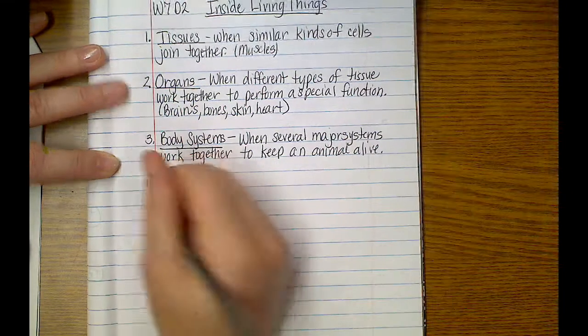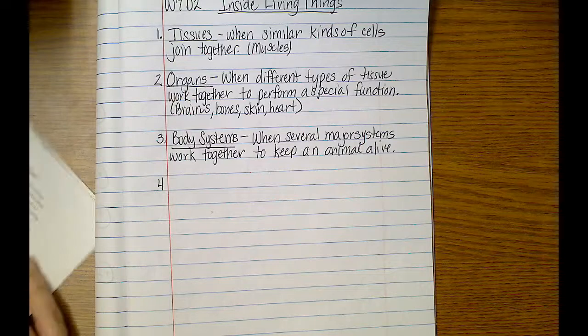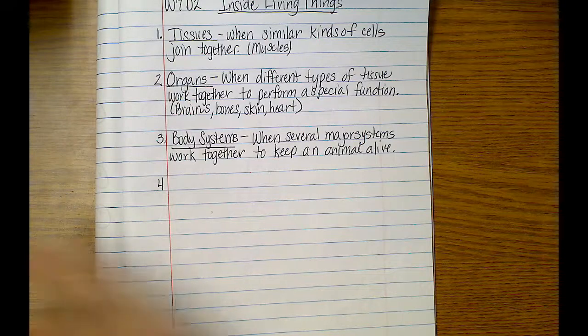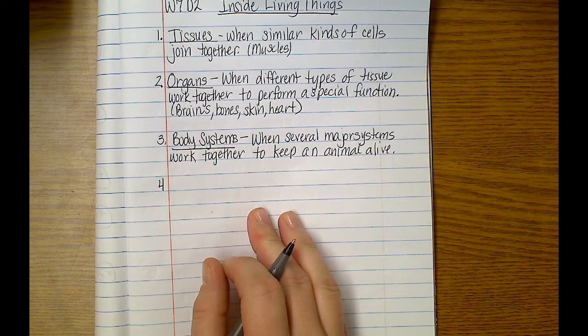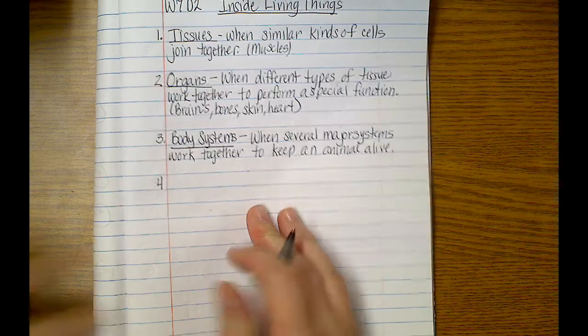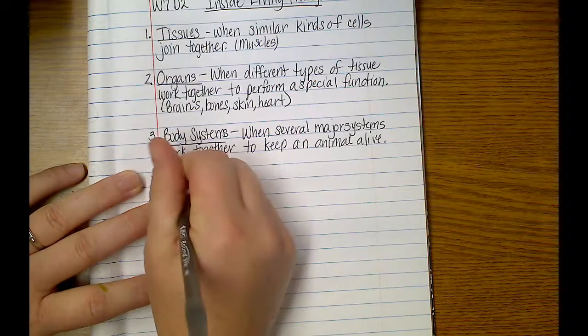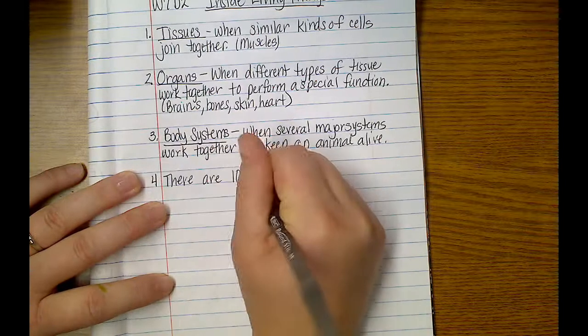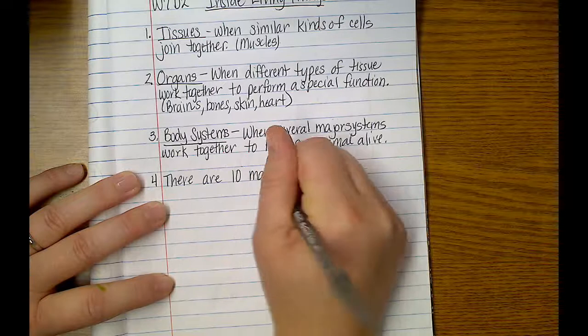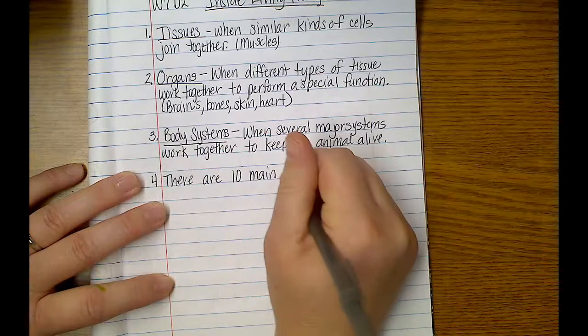Number 4. There are 1, 2, 3, 4, 5, 6, 7, 8, 9, 10. There are 10 main body systems.